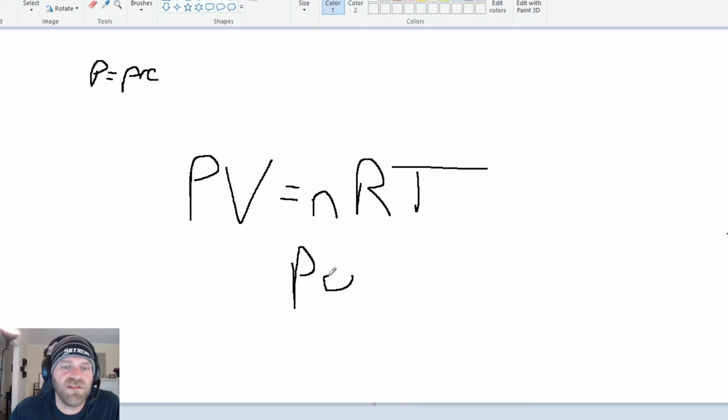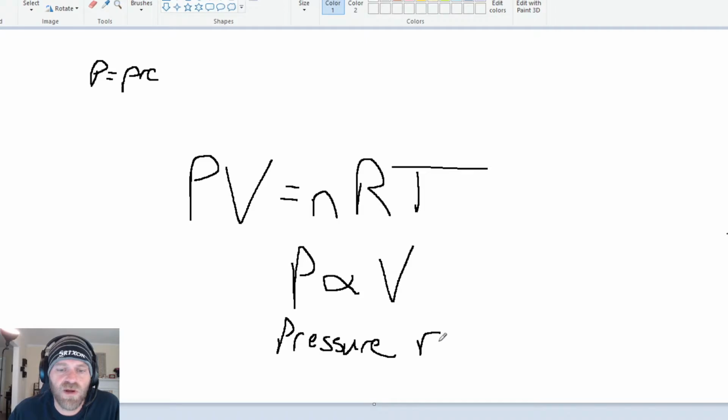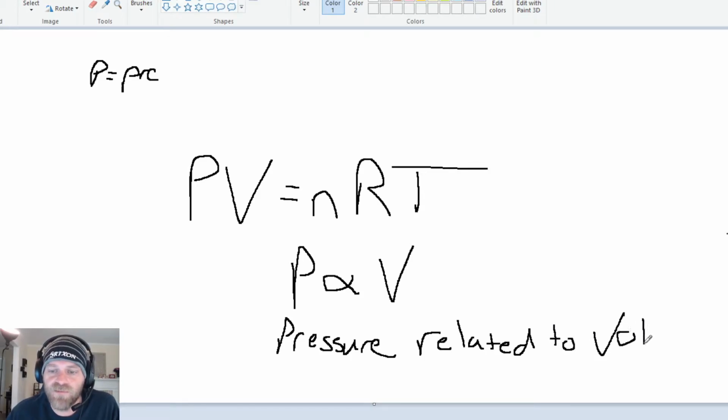All right, if you see something like this, that means pressure is directly related, meaning they go up at the same rate, related to volume. Proportional, even, I should say.